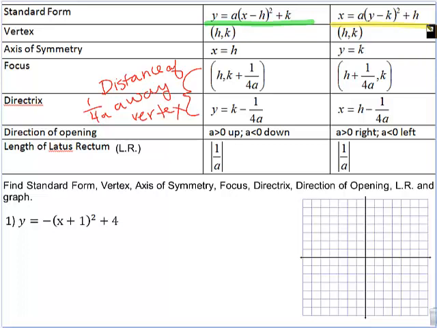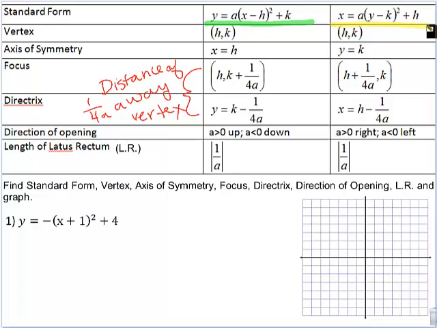Now what I want you to notice is that in the parentheses, the y is attached with the k, and look at your vertex, the k is in the y position. So whatever number or letter is in here, so this is a y minus k, that's going to tell you the y value of your vertex. Here, this one had x minus h, so that's going to tell you the x value of your vertex, your h.